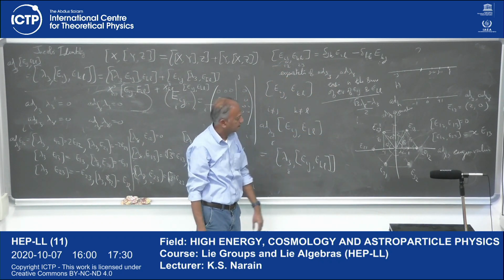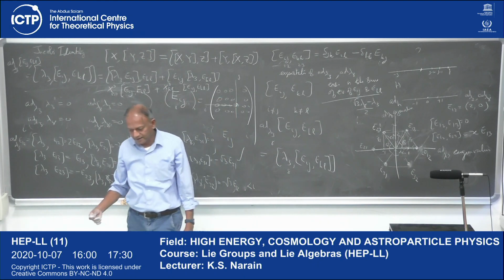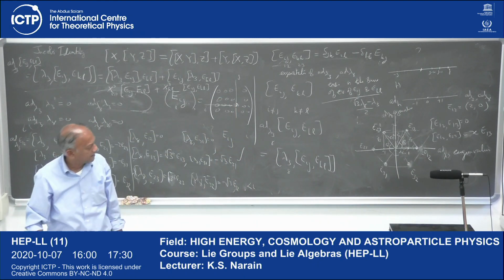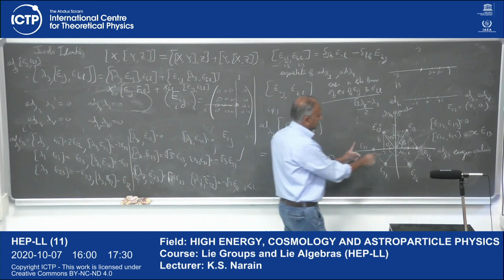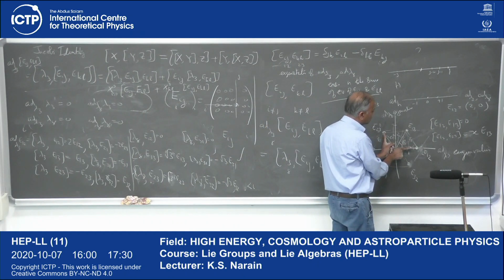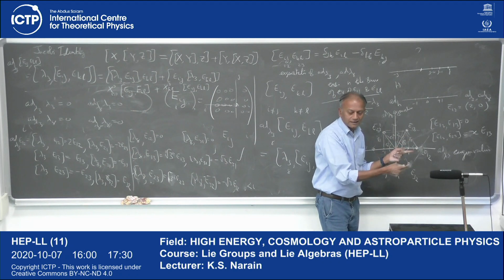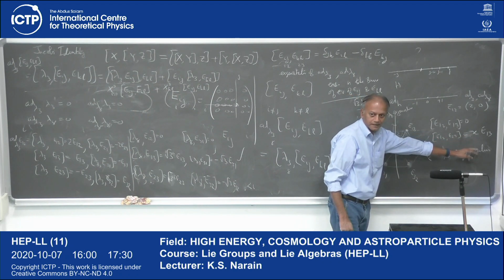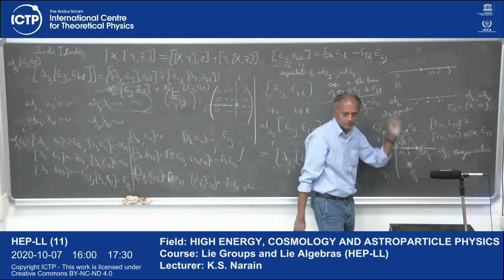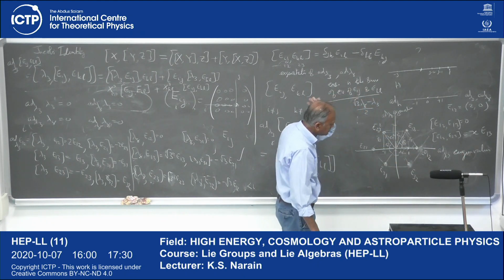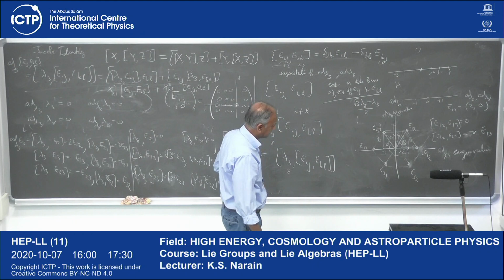So it's not 0. In fact, we'll prove when we discuss general algebra that whenever the sum of these two roots exists and is one of the allowed roots, then this is not 0. Okay? So the commutator is not 0. That one can prove in general. But here we can do it explicitly.